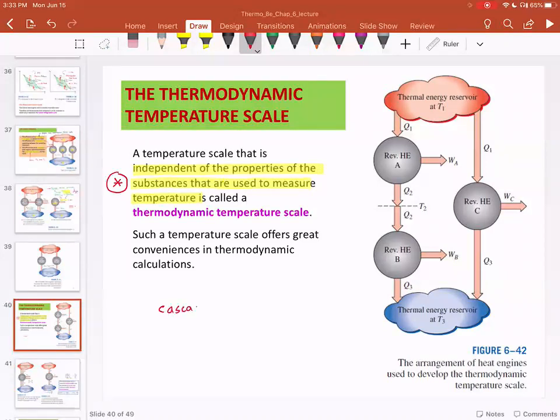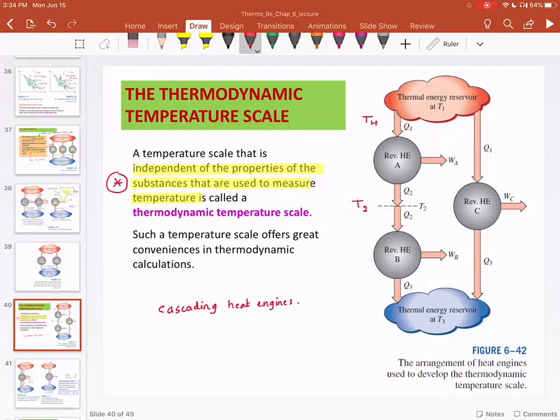So I will have heat engines that are attached in series. After the first engine, which is engine A, I land up with the sink temperature T2.